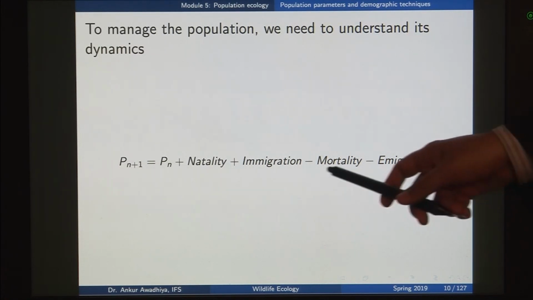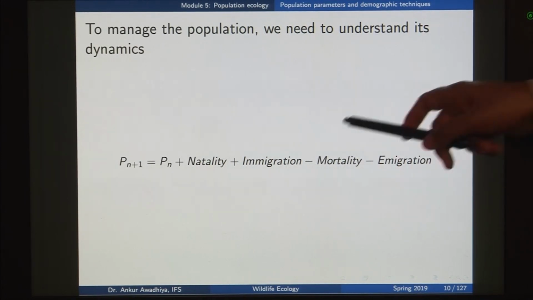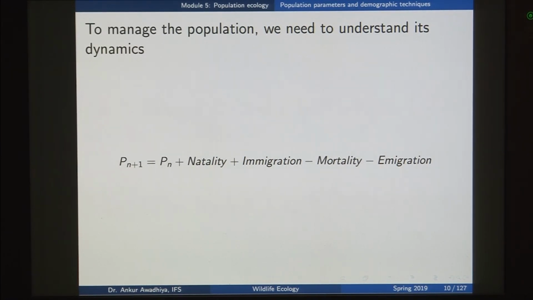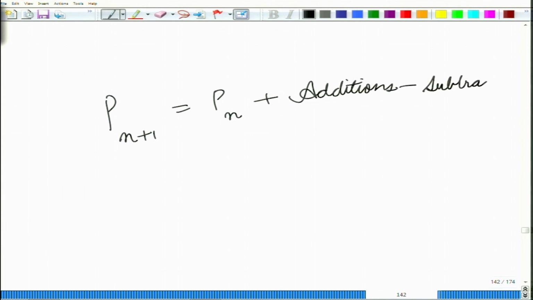Now, why do we have removals, or how do we have removals? We have removals because some animals die off, and then there are some animals that move away from this area. So essentially what we are saying is that Pn+1 is Pn plus the number of additions minus the number of subtractions.